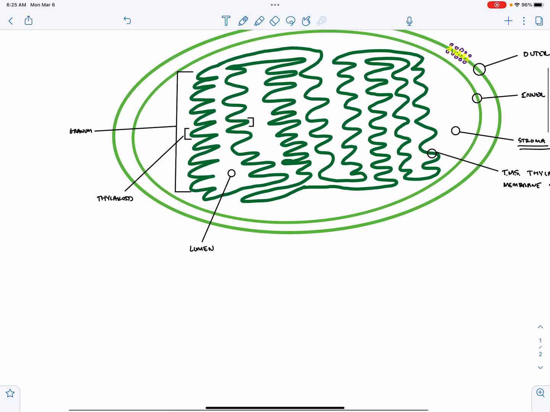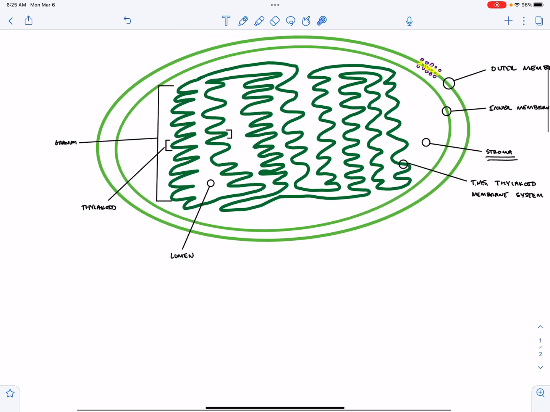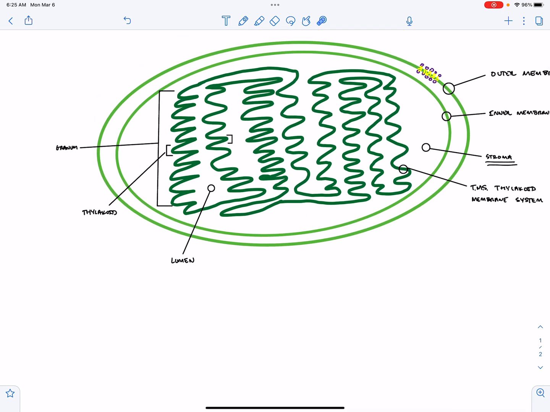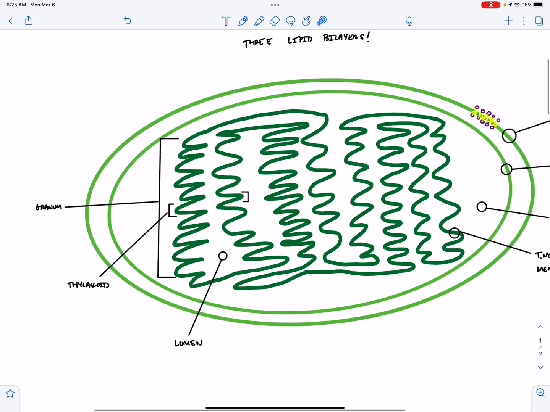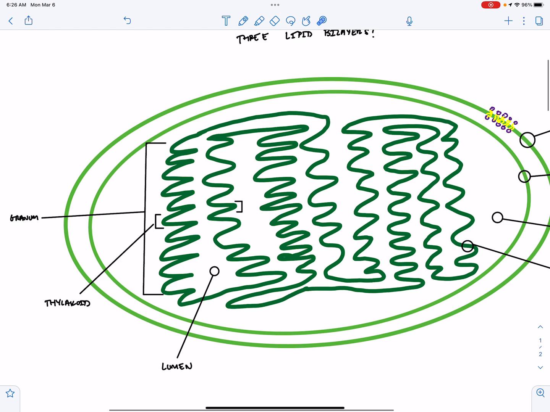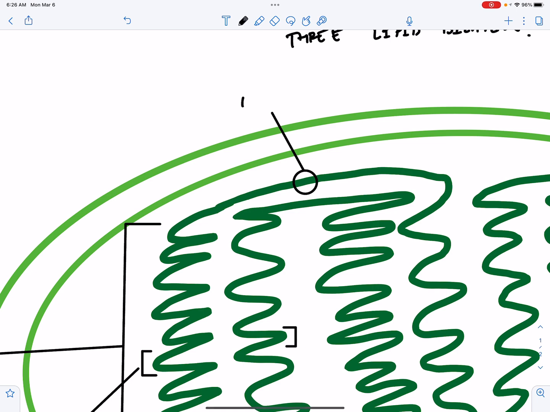You're going to see this word lumen when we talk about other structures as well. So like the interior of the rough endoplasmic reticulum is called the lumen, for example. Okay, so only one more thing to label in the chloroplast is that the granum, they're all connected one to another through these little channel-like areas that are called lamella.